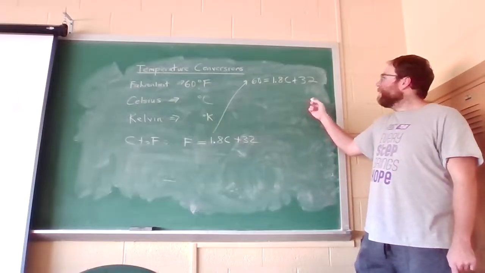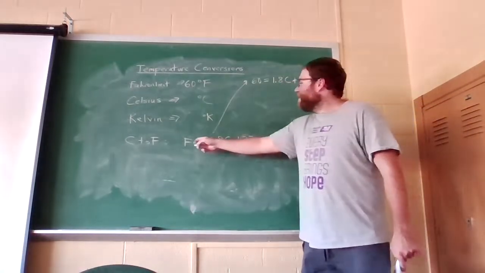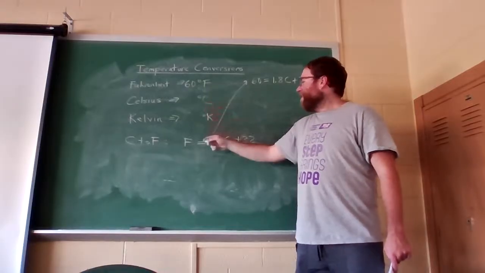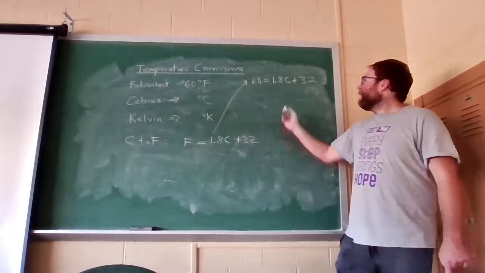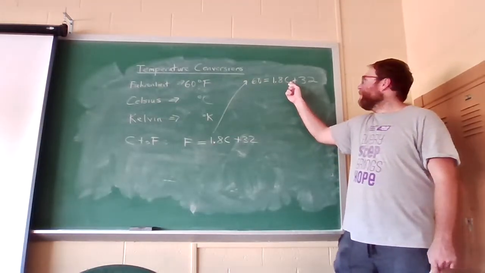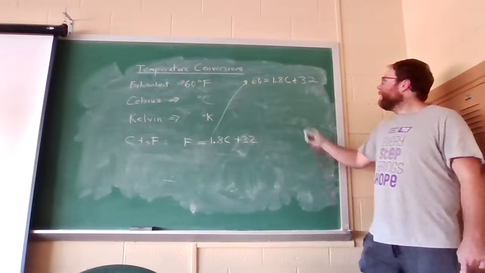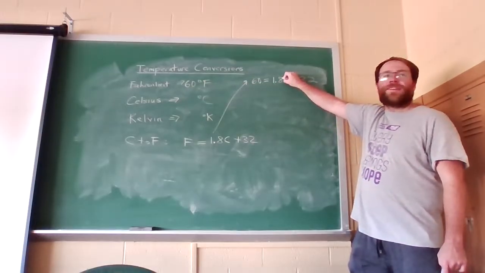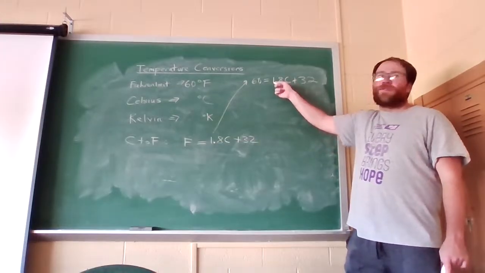If we were going to convert 60 degrees Fahrenheit to Celsius, we can start off by plugging in the Fahrenheit value of 60. Then if we solve this equation for C, that will tell us what it'll be in Celsius. But this 1.8 and C are multiplied together, so you will have to divide to get rid of the 1.8.